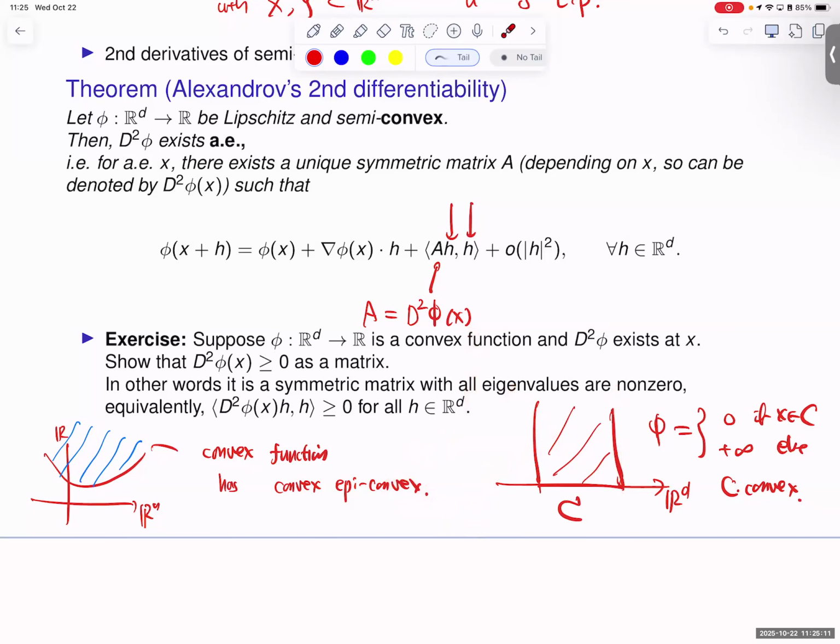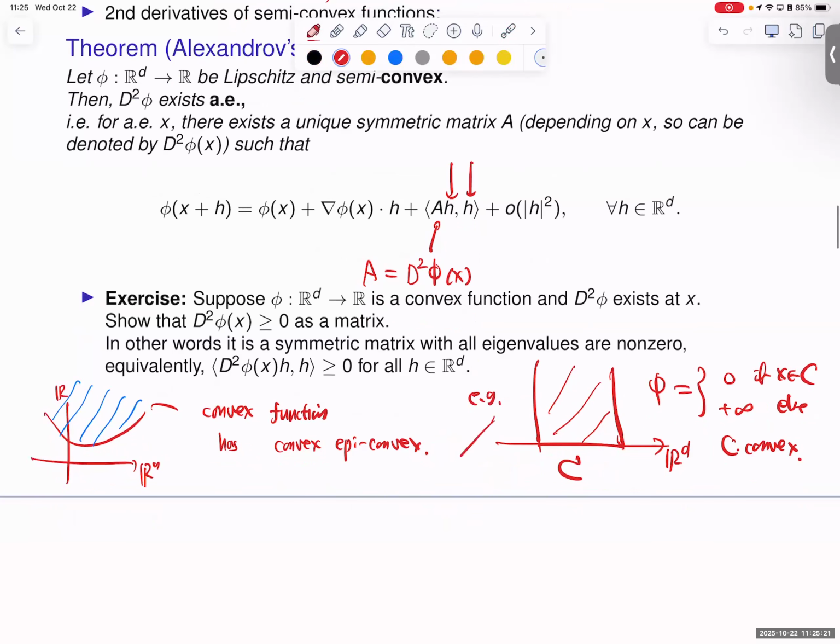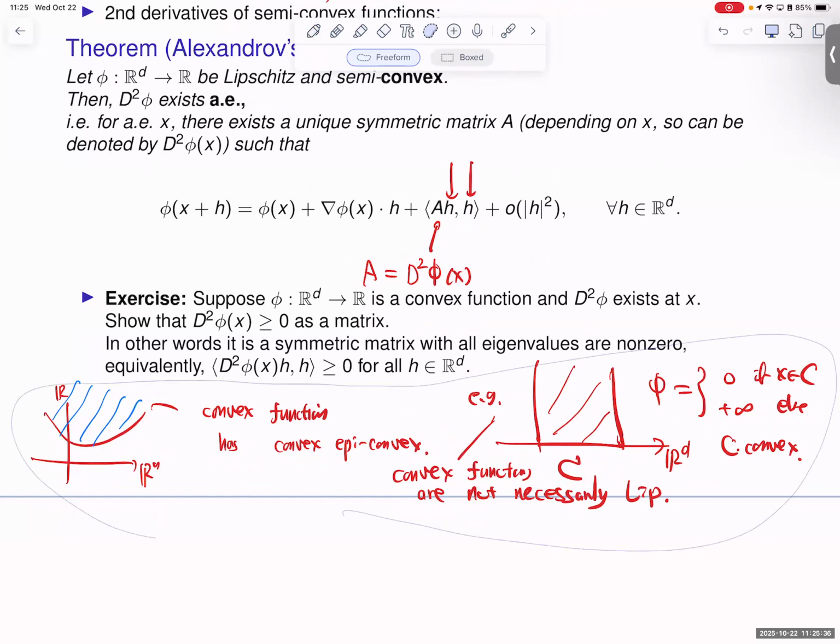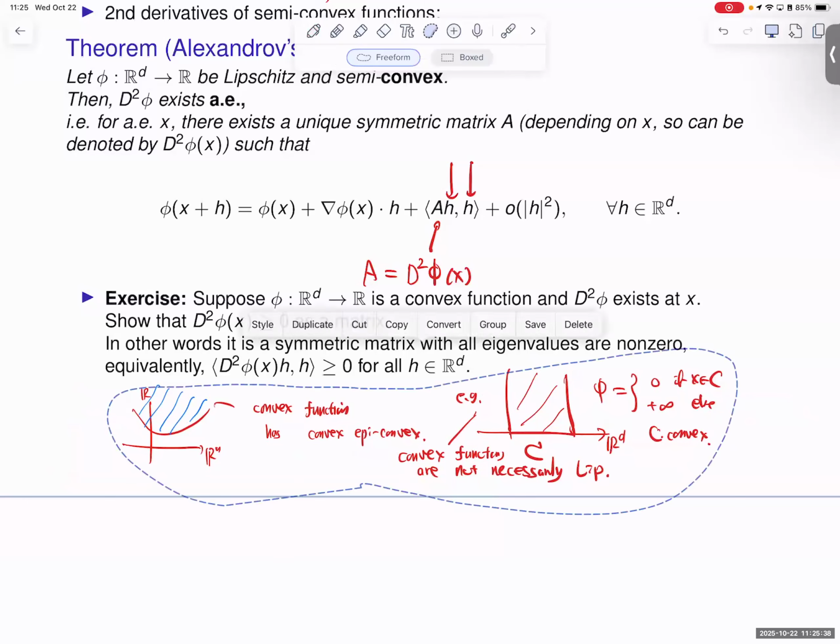Okay, am I making sense? Yes, thank you. Okay. Good question. Convex functions are not necessarily Lipschitz.